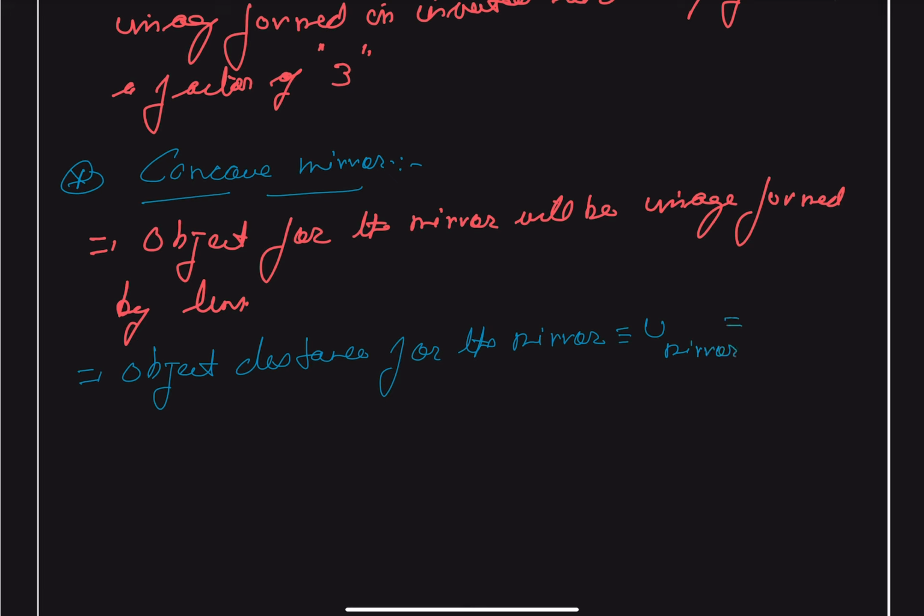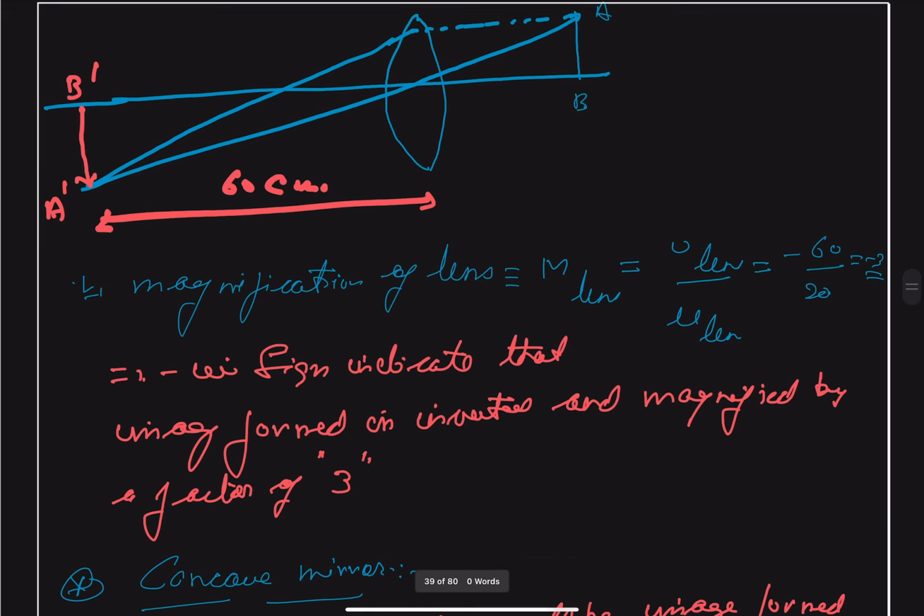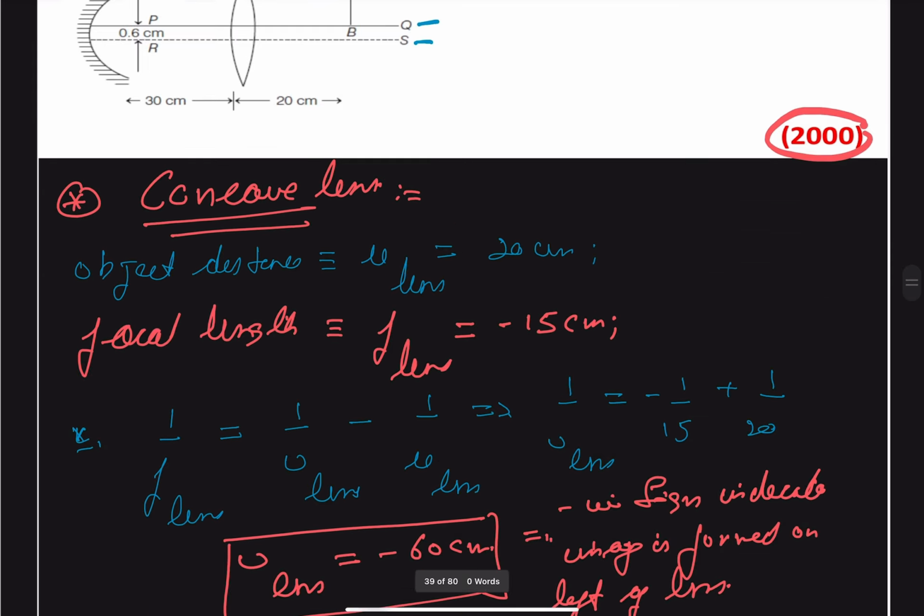will be equal to, this will be over minus 60 and plus 30, which gives us minus 30 centimeters.